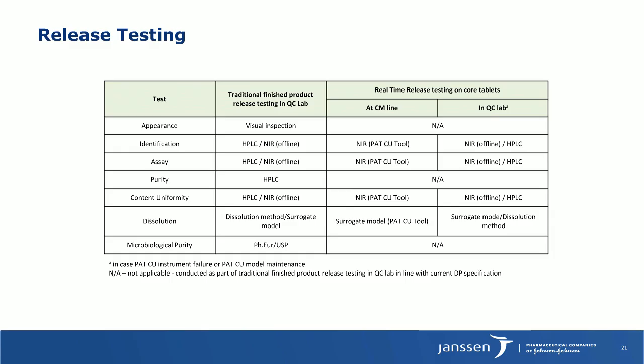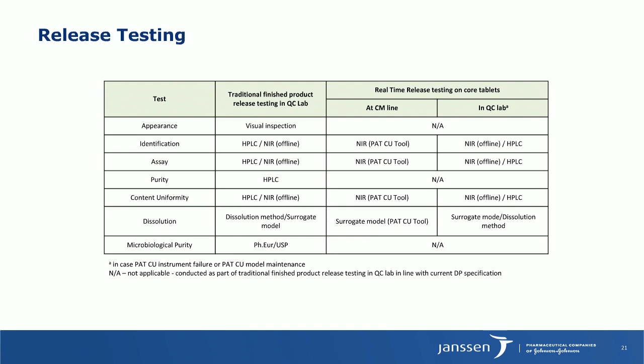That is, of course, traditional finished product testing, where you take a grab sample at the end of your batch process. If you look now at the continuous manufacturing line, we can do real-time release sampling. And that real-time release sampling can be at the continuous manufacturing line.